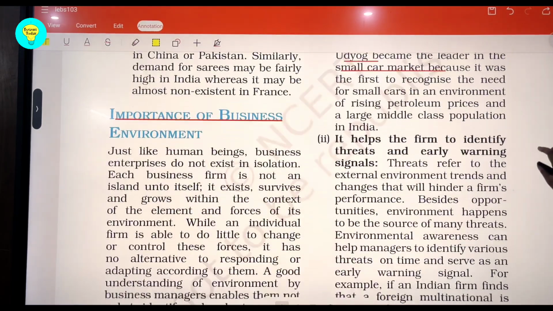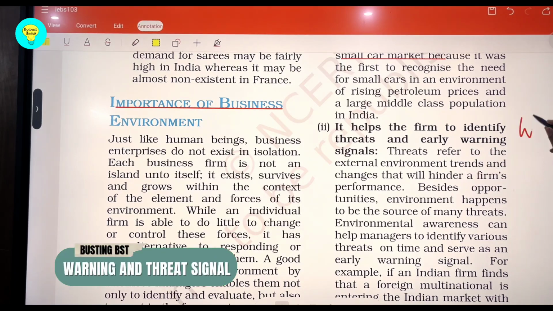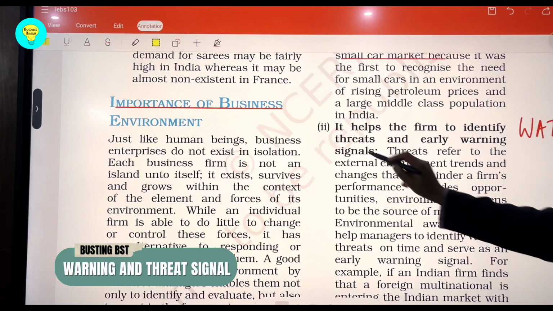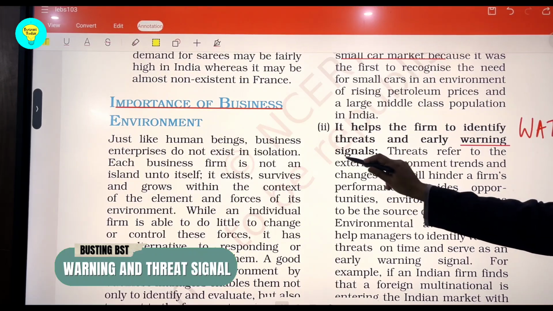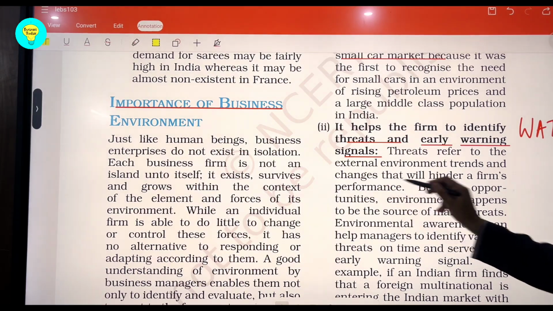Second, it talks about WATS, as we said, warning and threat signals. Early warnings it provides to the organization so that they can take appropriate steps in time and be proactive towards the changes. Otherwise changes hinder the performance.